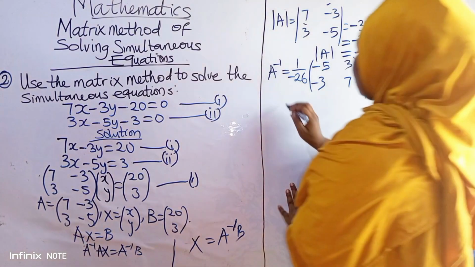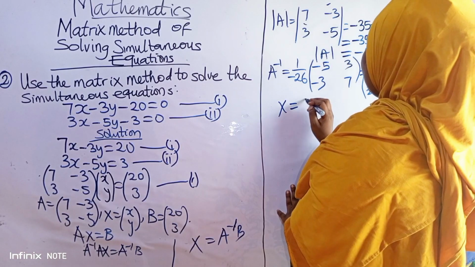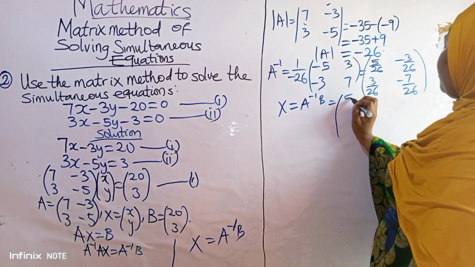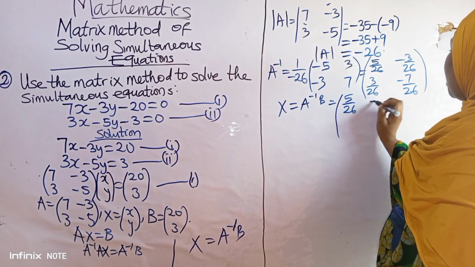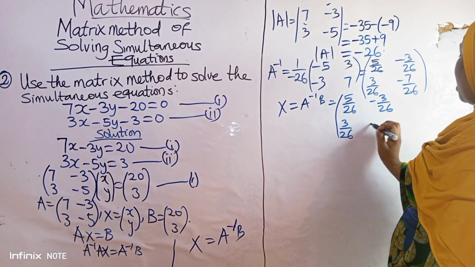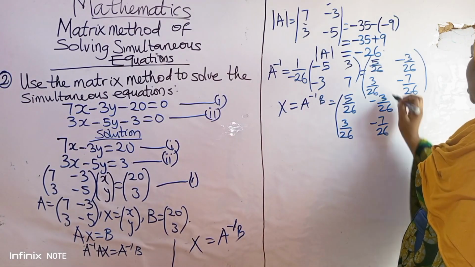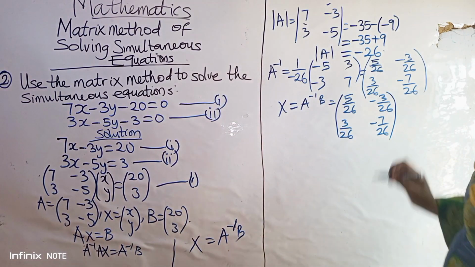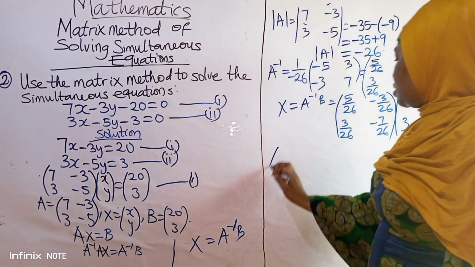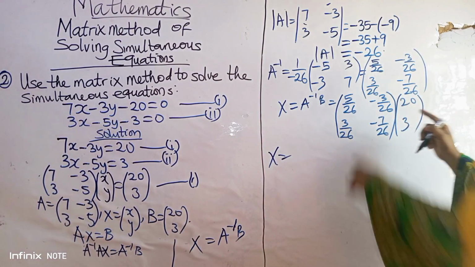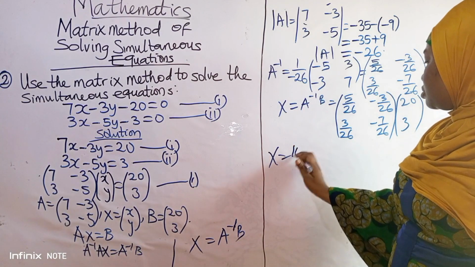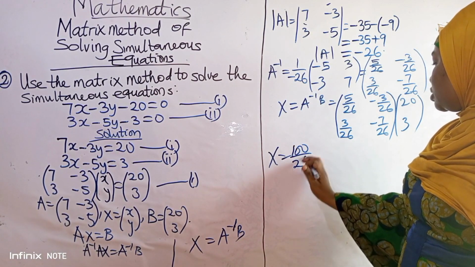After that, my x is equal to A inverse multiplied by B. A inverse is 5 over 26, minus 3 over 26, 3 over 26, minus 7 over 26, then multiply by B. My B is 20, 3. So x is equal to, when I multiply, 5 over 26 multiplied by 20 gives me 100 over 26.